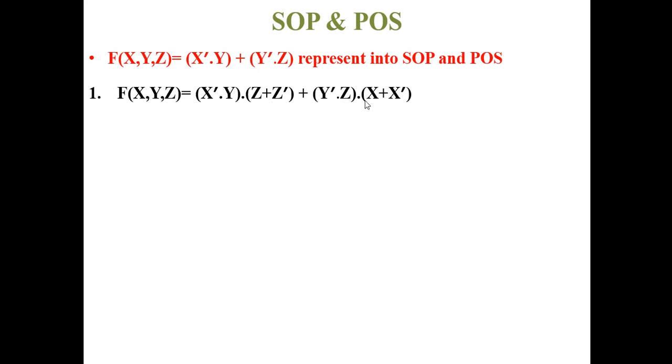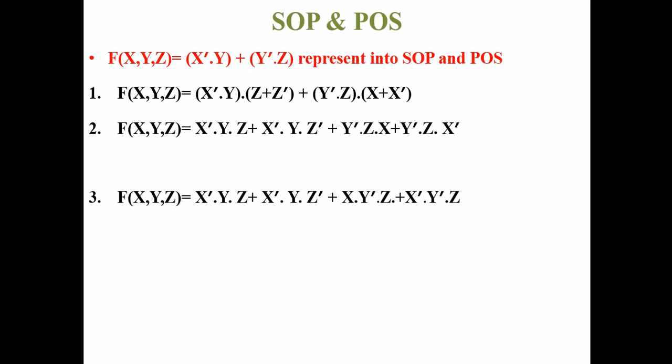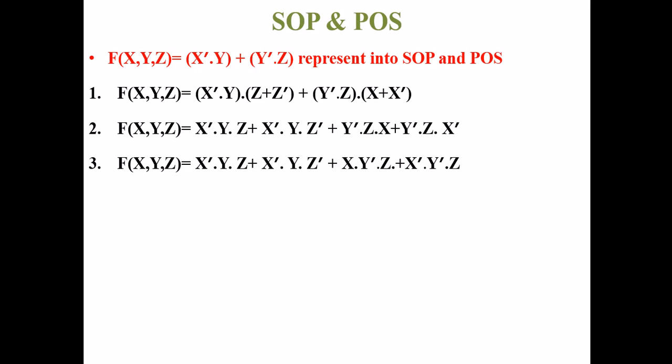Here x is missing, so you will multiply it with x plus x complement. After their multiplication, you will find these four combinations: x complement yz, x complement yz complement, x complement zx plus y complement zx complement. So it's better to arrange them in the order x, y, z. So you will find this expression.